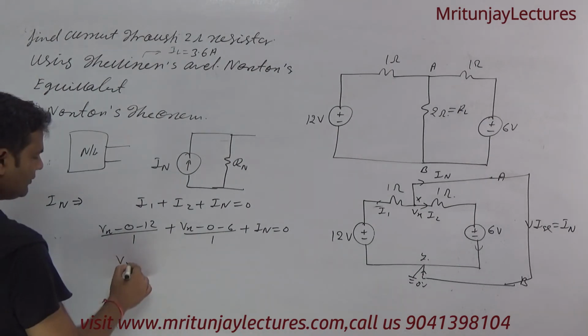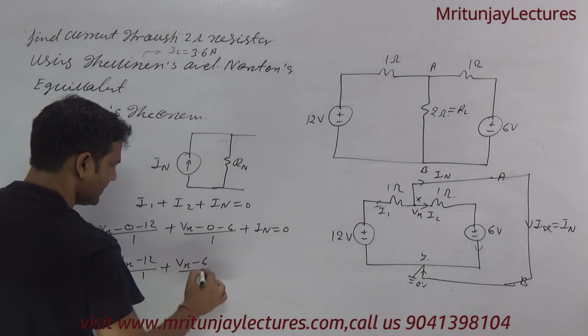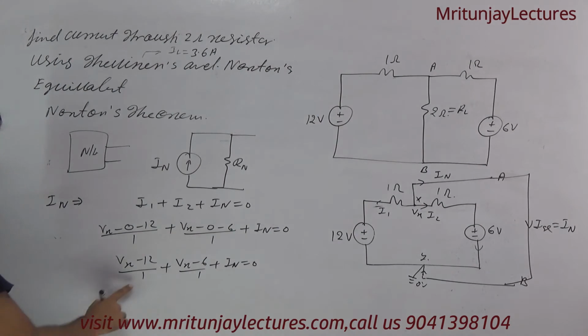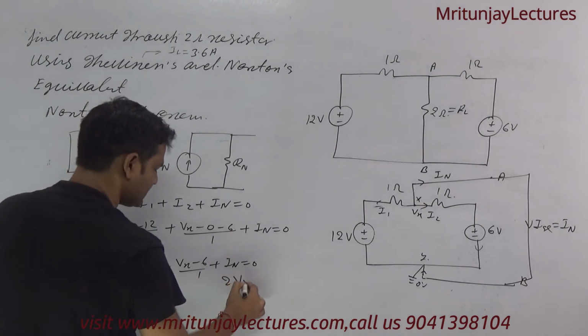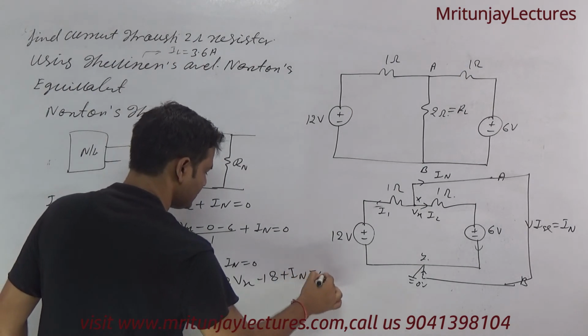Clear or not? Vx minus 12 divided by 1 plus Vx minus 6 divided by 1 plus In equals 0. First of all, that is 2 Vx minus 18 plus In equals 0.